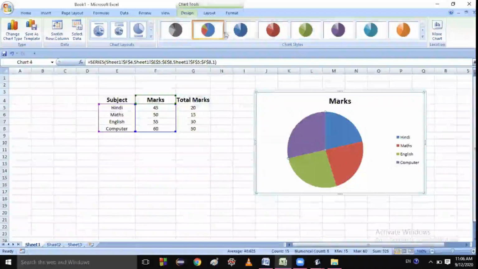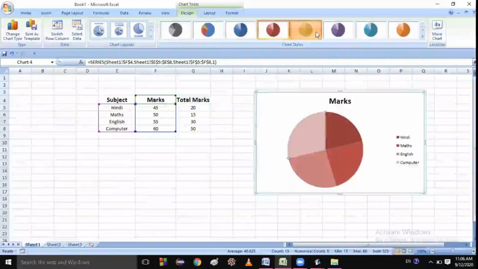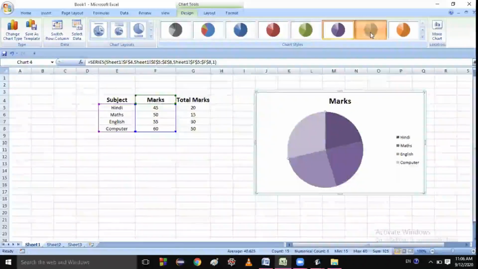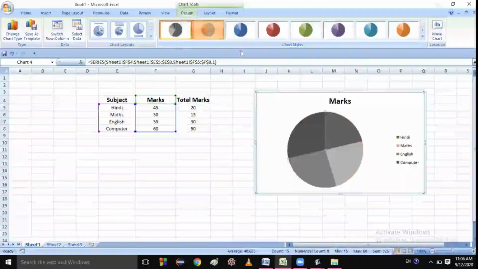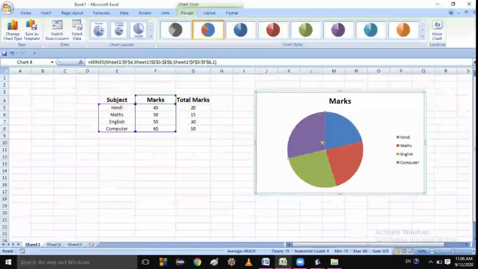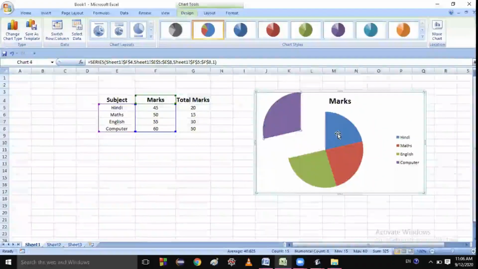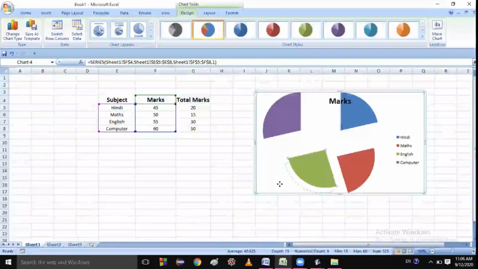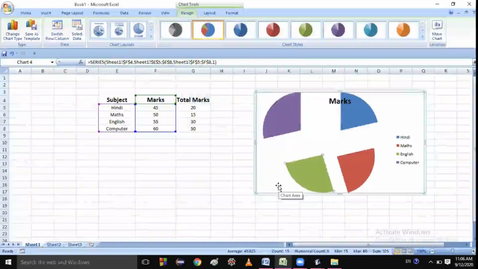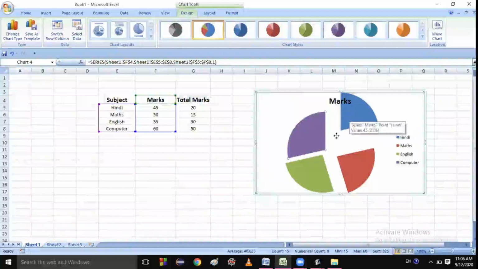And you can change the layout also. Just see here, different layouts, different designs. We can also change the portions like this one. Click and move. So this is called the pie chart. Is it clear to you?